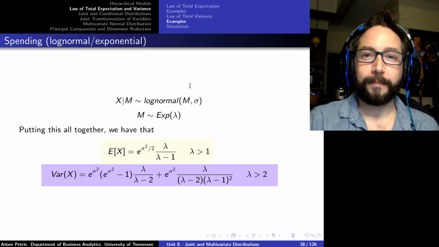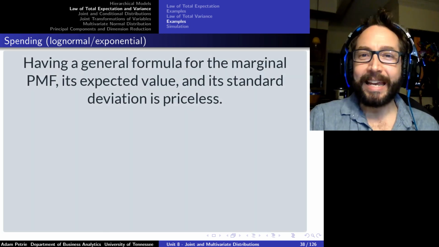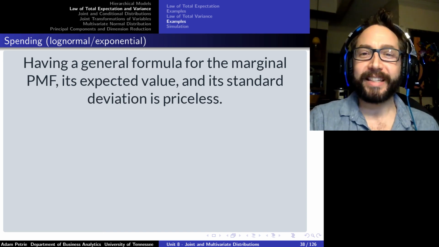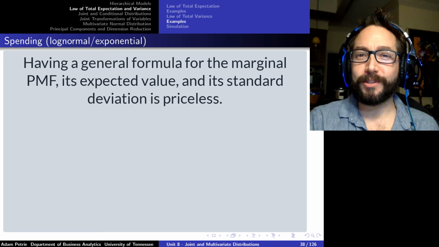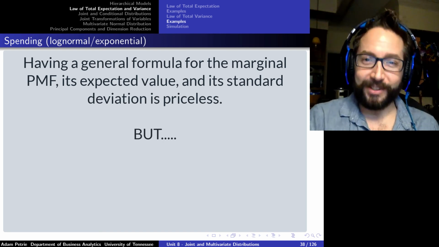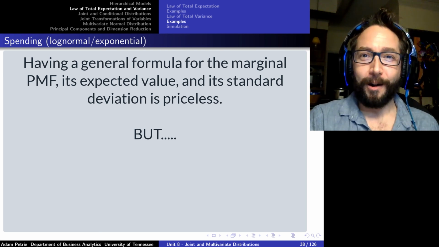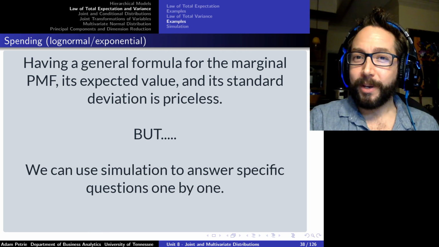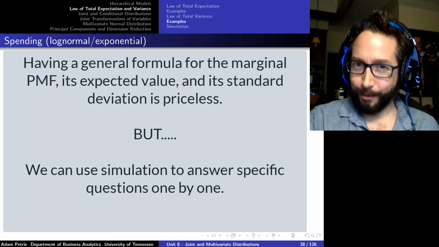So I think in this class, the discussion of hierarchical models really illustrates that we need to choose to be good at one of two things. We need to either be really good at math, as we've seen here, to actually work through all of the computations with hierarchical models, or we can be really good at computer programming.